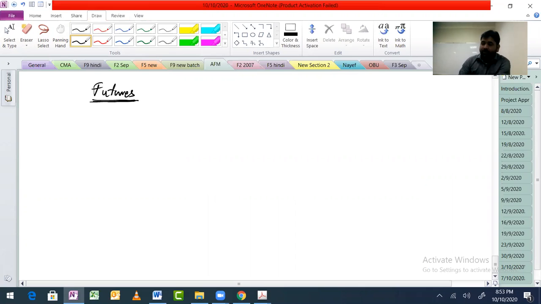You can call it liquidity also, because they are exchange traded contracts. Okay, they are exchange traded contracts. So now because of this exchange traded feature, what are the advantages and disadvantages that futures have, and how do they operate?